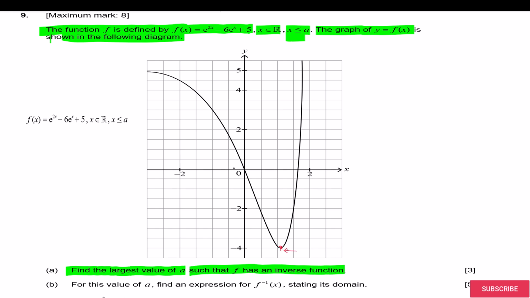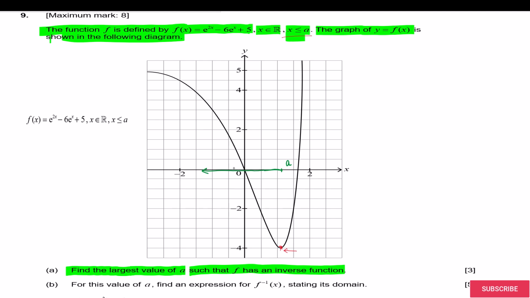If we just remove one part of this graph, then it would become 1-to-1. So if we take the corresponding x value to this minimum point, it is going to be a here. So we need to find this value of a, for which the domain would be just the values lesser than a.